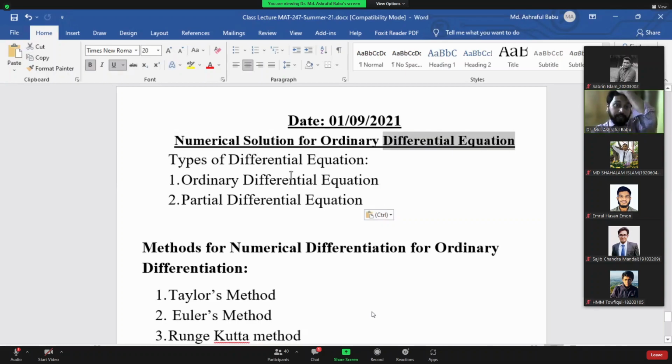The differential equation also has two types, because differentiation has two types, ordinary and partial. In the same way, there are two types of differential equation: ordinary differential equation and partial differential equation.